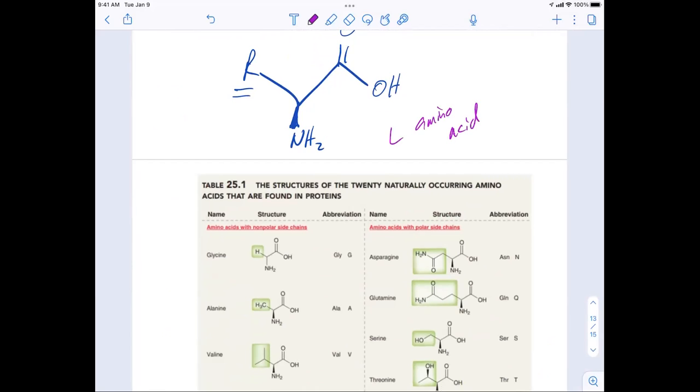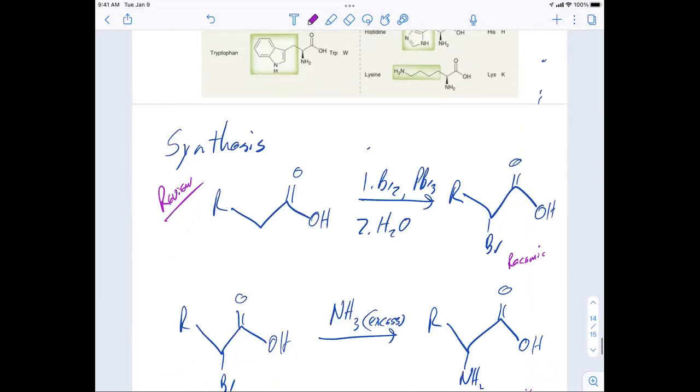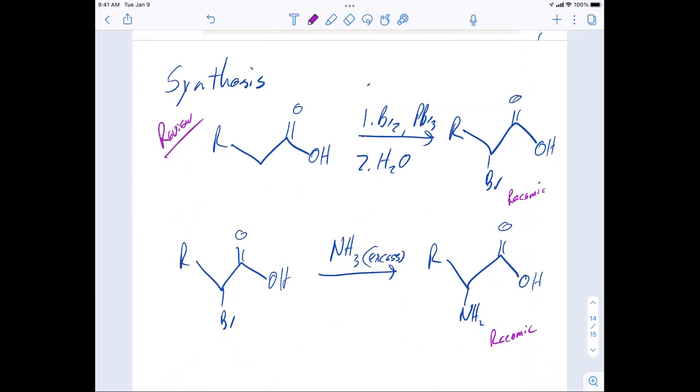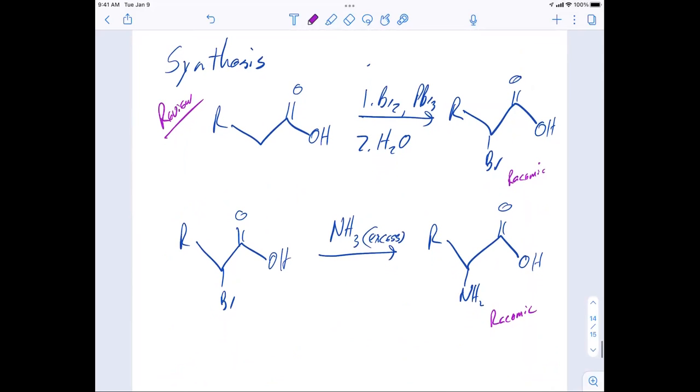So all naturally occurring amino acids, right, are going to be L amino acids. So all naturally occurring sugars are going to be D sugars. So the only problem with this synthesis is I come up with the racemic mixture, and I would have to figure out a way to separate the racemic mixture. We'll stop there. We've got a couple more reactions to go.